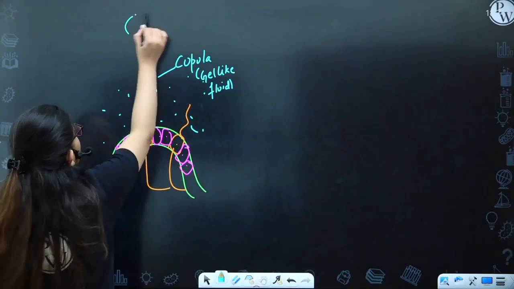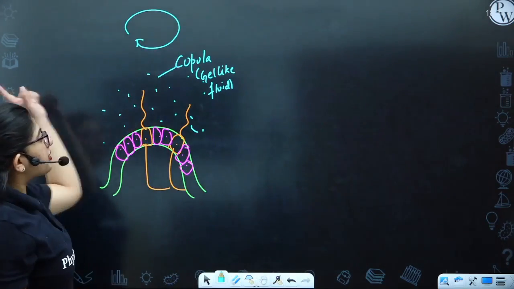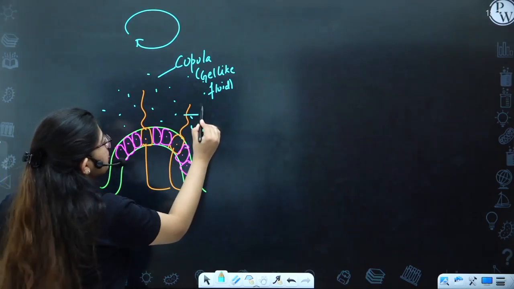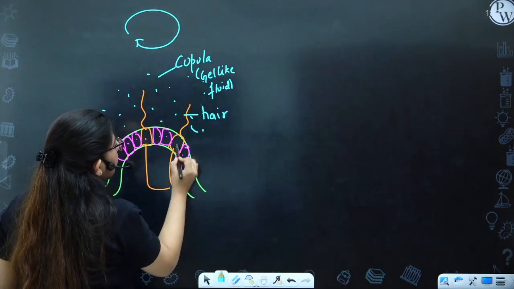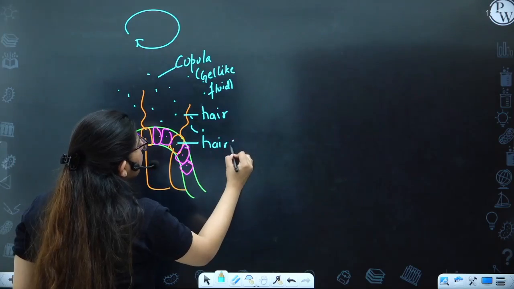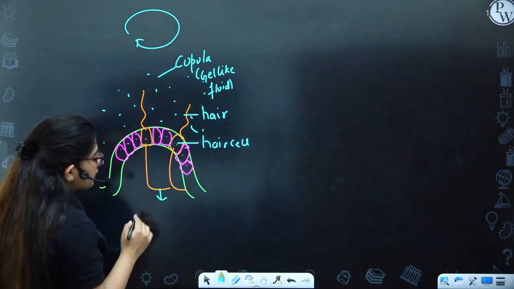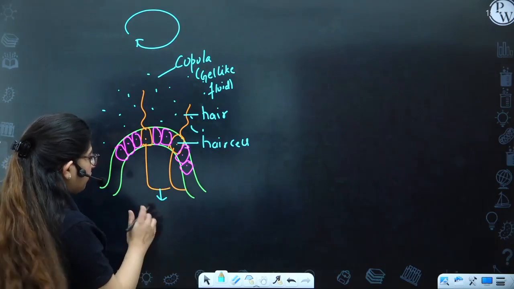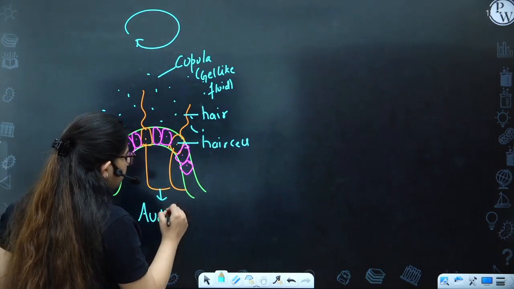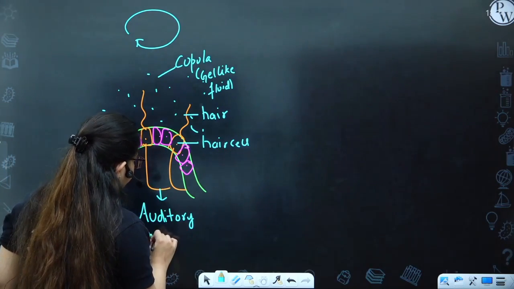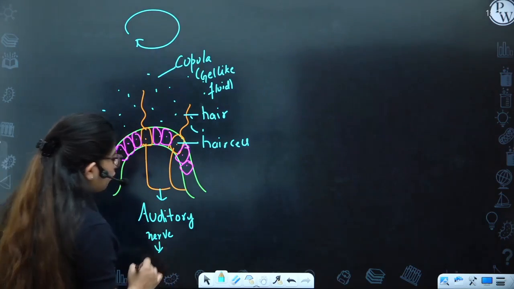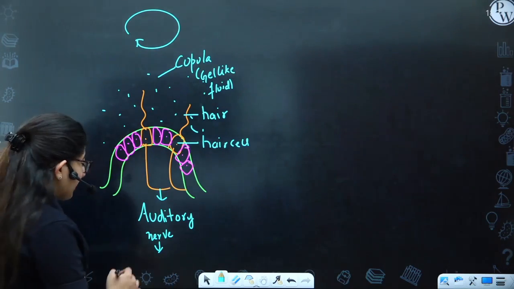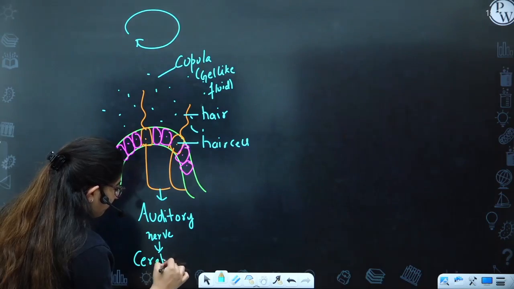When you move in this direction, this cupula moves, and when it moves, the hair cell is stimulated. When the hair cells are stimulated, they get depolarized, an action potential is generated, and the information is sent through the nerve. And to which part of the brain? Yes, equilibrium and balance is done by the cerebellum.